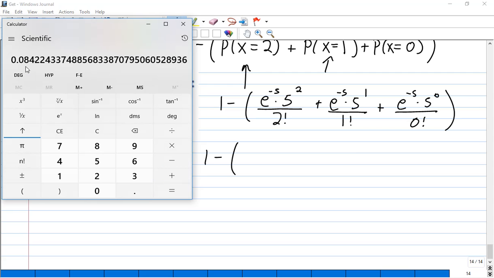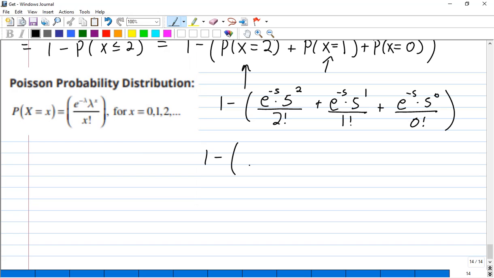So there's the probability that exactly 2. And I said I was going to round it to about 5 places. So 0.08422.